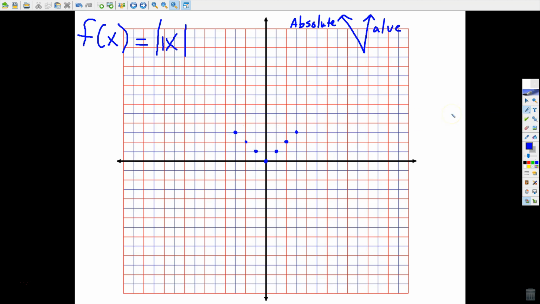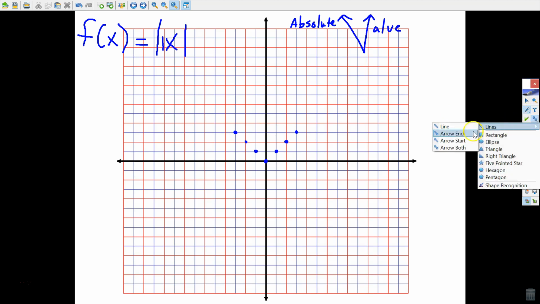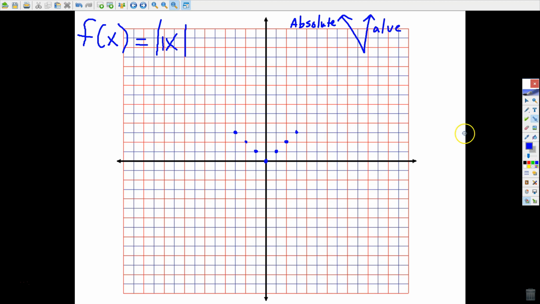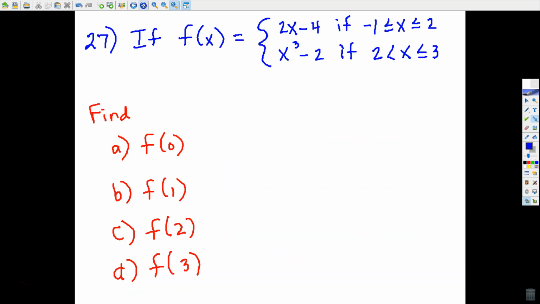And we draw our two arrows branching out from that vertex. Okay, and there is the absolute value function, f of x equals absolute value of x.